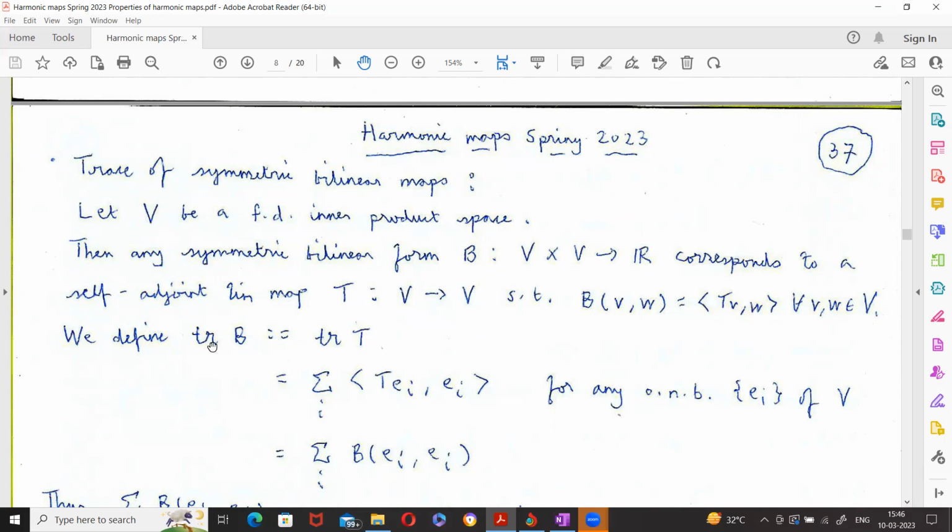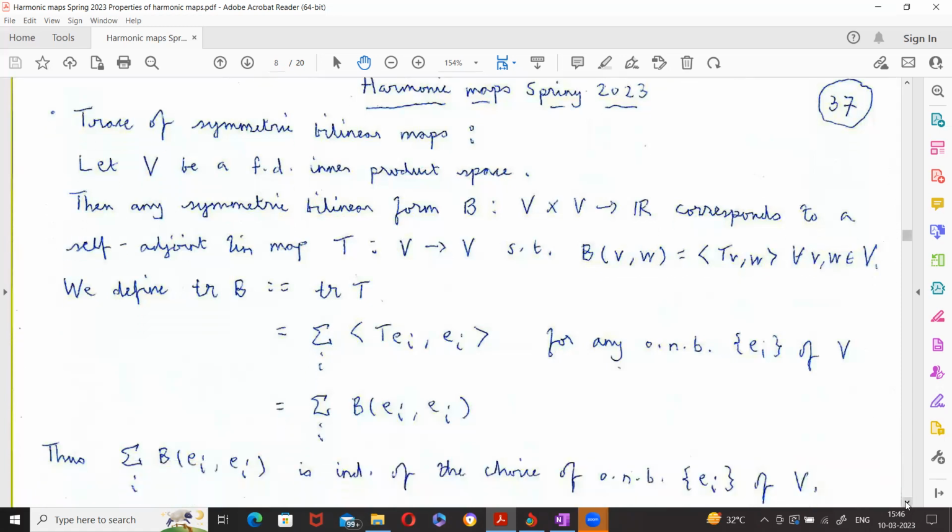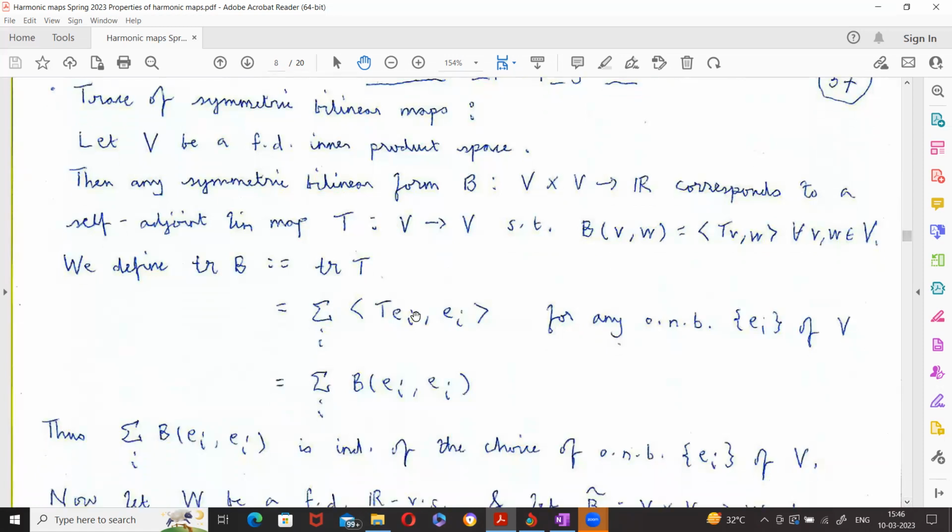Then you define the trace of this symmetric bilinear form B to be the trace of this self-adjoint linear map T. What is this trace? This is the sum of the diagonal elements, the inner product of T e_i with e_i, where e_i is any orthonormal basis of V. And this inner product of T e_i with e_i, by definition, is B of e_i, e_i.